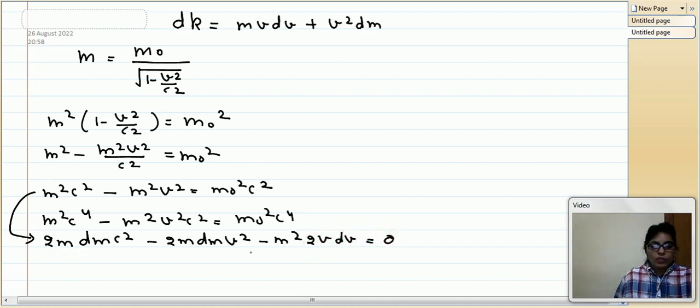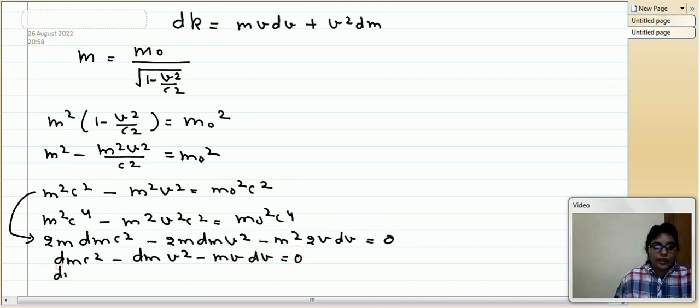Now 2m is common in all these terms, so we can cancel 2m, so it will become dm c square minus dm v square minus mv dv is equal to 0.